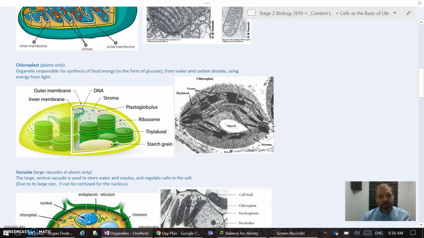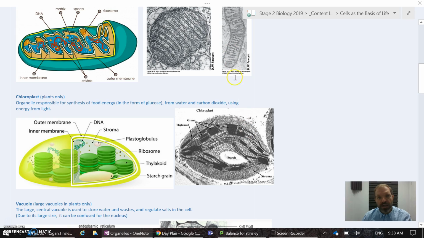In plants, we also have chloroplasts, again connected to the endosymbiotic theory. These evolved from prokaryotes that are now living inside the eukaryotic cell, and again, therefore they have their own DNA and double membranes. The process of photosynthesis happens across the thylakoids that are shown here, and so they're very easy to distinguish from mitochondria in electron micrographs because of those thylakoids.